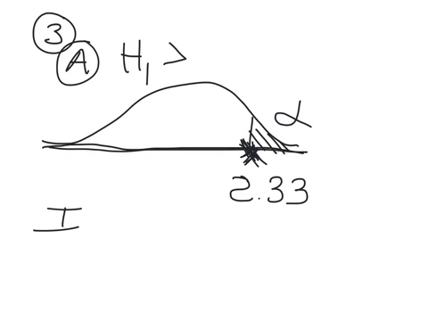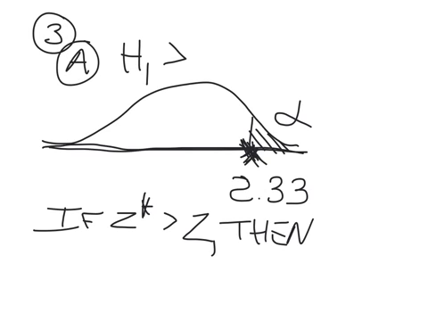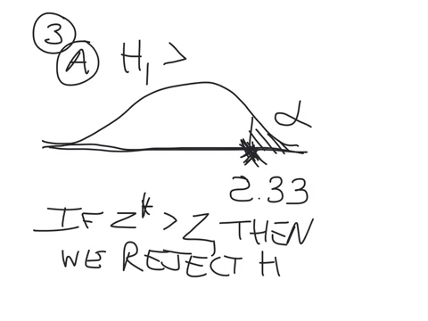So it's going to be if Z star is greater than the Z, that's your horizontal Z, then we reject H0. Okay, good. All right, now let's take a look at the second case.